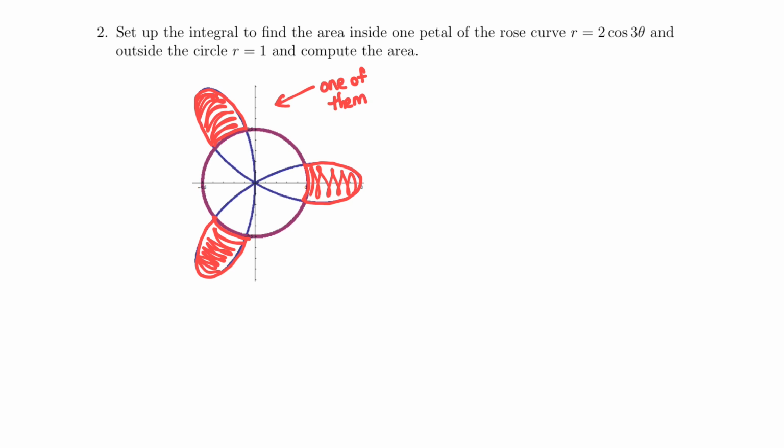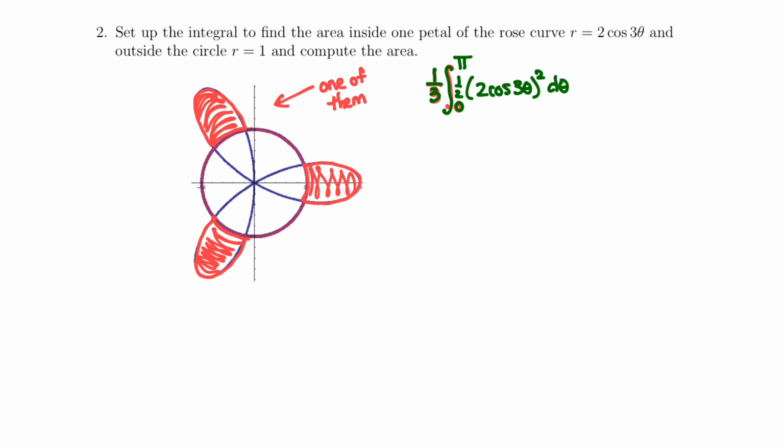So let's talk that through. If I do 1/3 of 0 to pi, it will give me one entire petal. Okay, so let's talk this through. If I was going 1/3, 0 to pi of 1/2 times 2 cos 3 theta squared, that would give me the area of one petal.